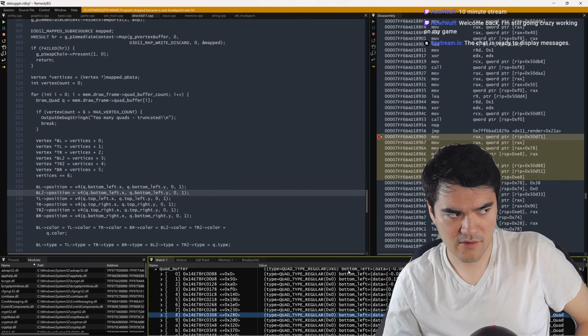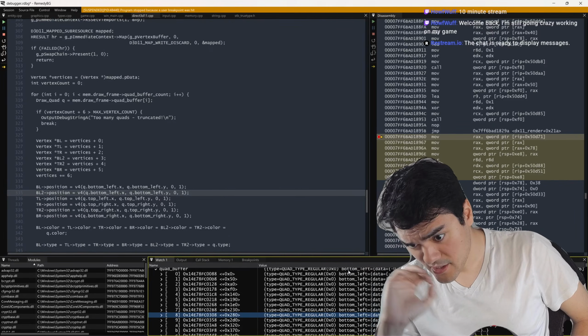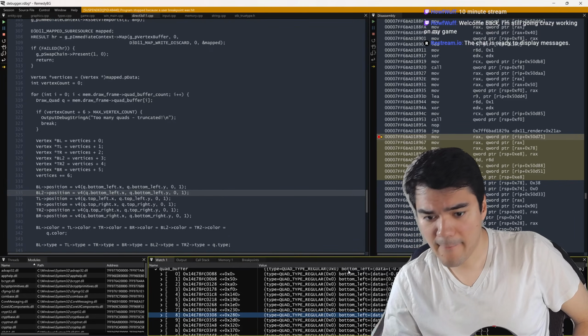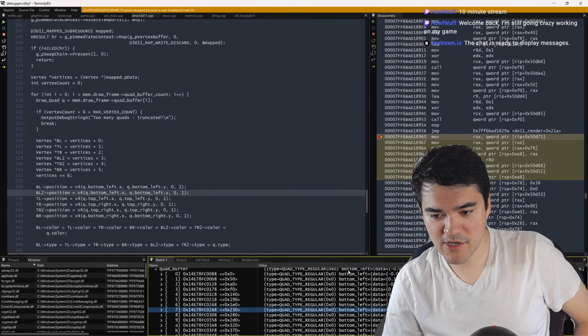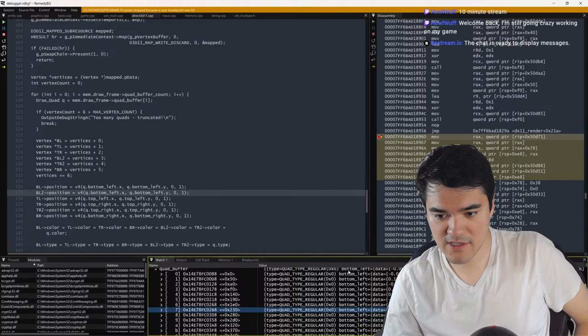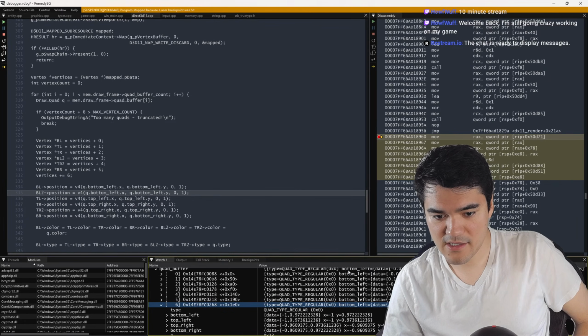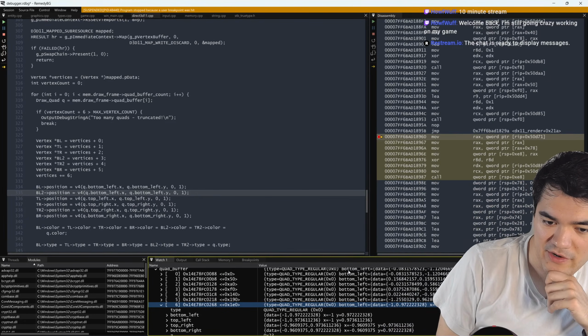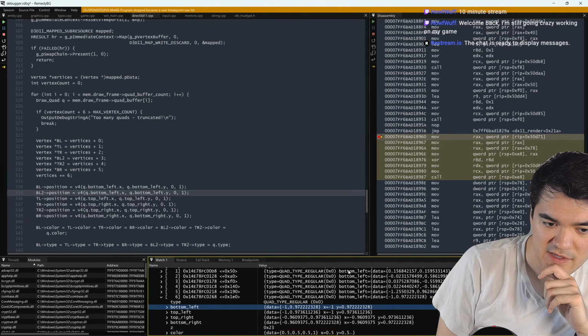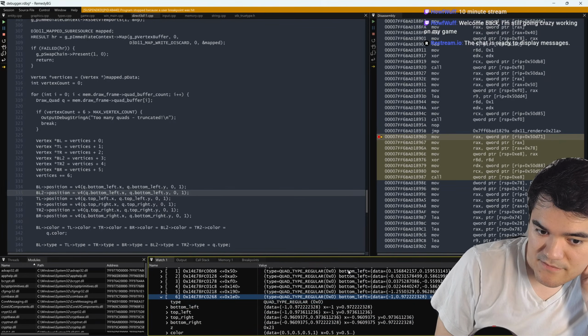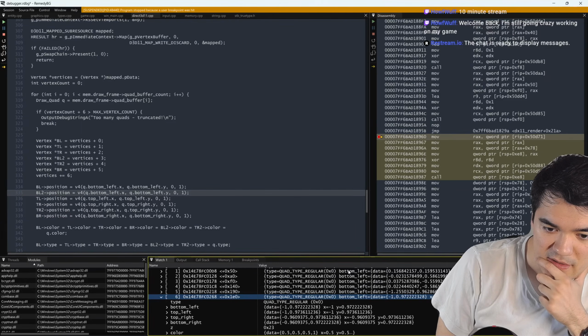Wait, right? No, no. We're trying to evaluate the text drawing, and if we are positioning all of these quads correctly, so top right, bottom right, 9 6.